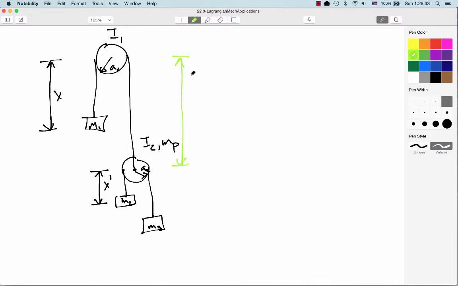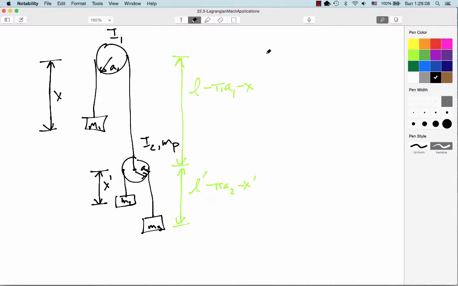That will be equal to the length of the string minus pi A1, half the circumference there as we go over the pulley, minus x, the bit over there. By the same token, M2 is going to hang off some length L prime minus pi A2 minus x prime. All right.